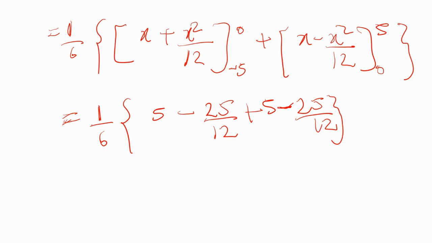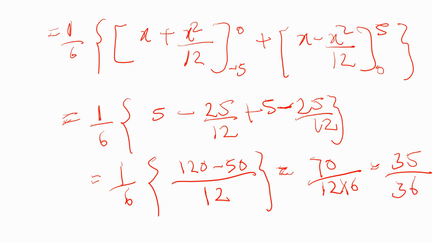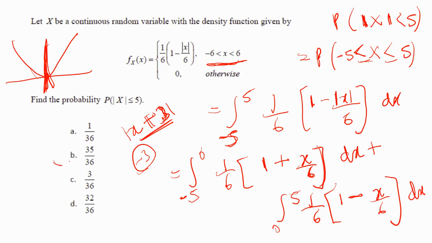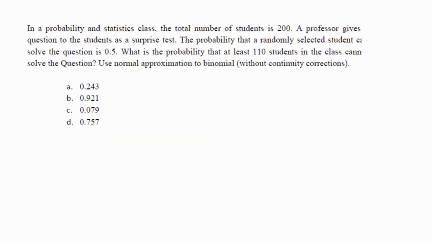So it will be 10 minus 50 upon 12, that is 120 minus 50, which is 70 by 12. So 1 upon 6 times 70 by 12, which is 35 divided by 12 times 3, that is 36. So it will be 35 by 36, and this will be the answer.